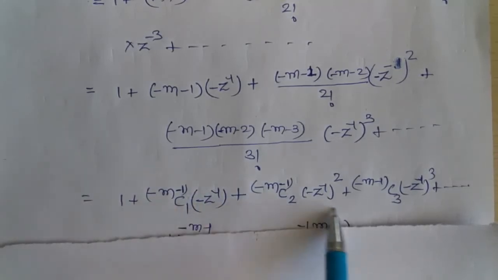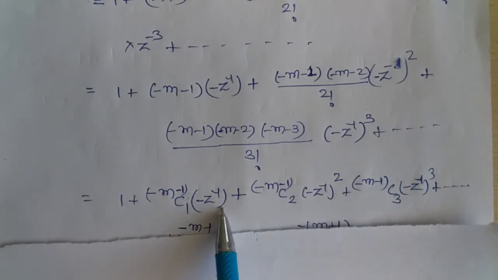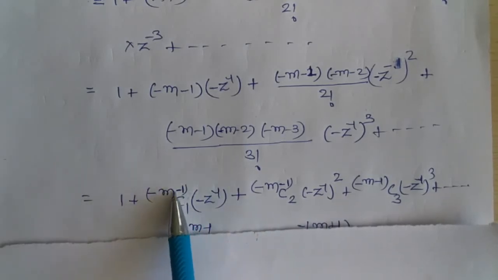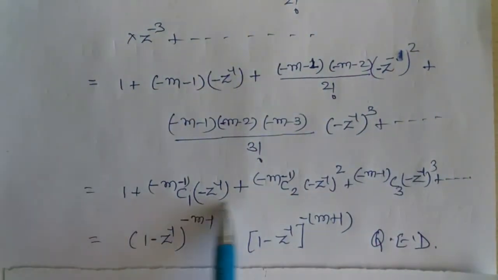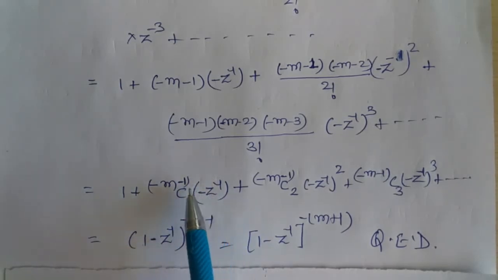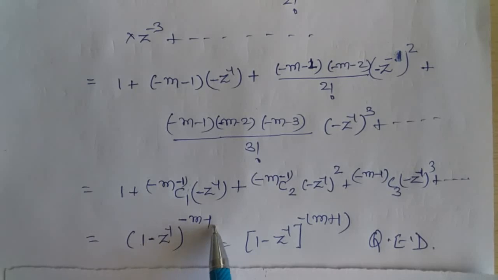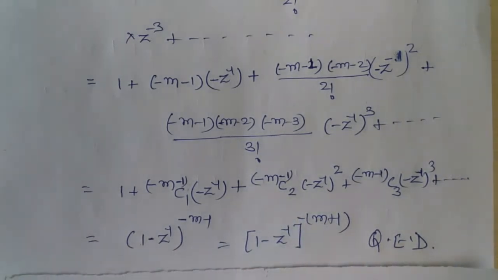So this is the binomial expansion of (1 minus z inverse) whole power (minus m minus 1), which can be expressed as (1 minus z inverse) whole power negative (m+1). So this is the required Z transform, and in the next video we will discuss inverse Z transform.